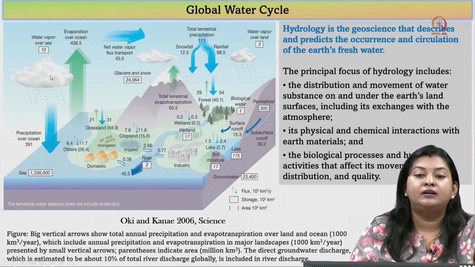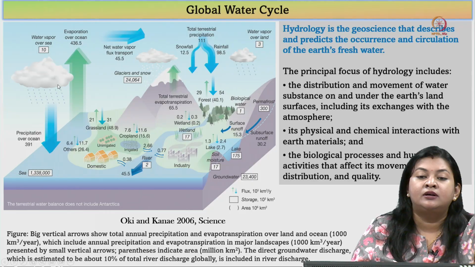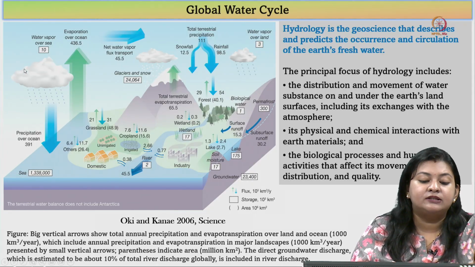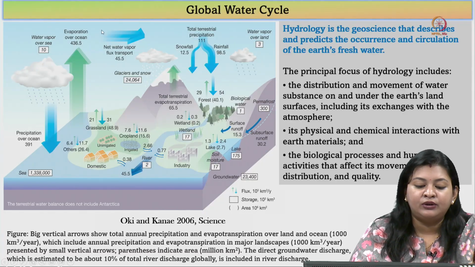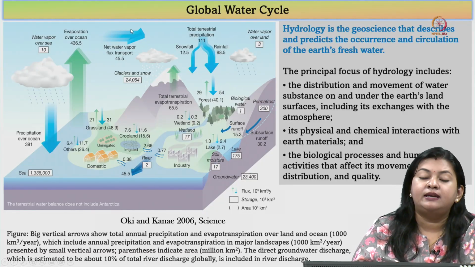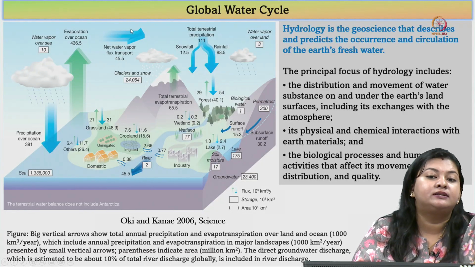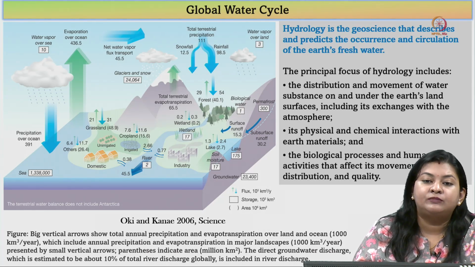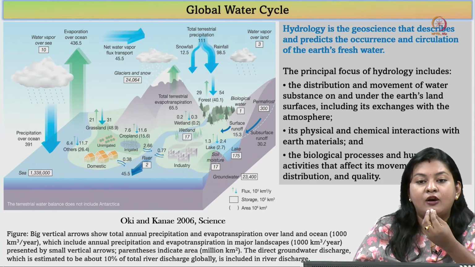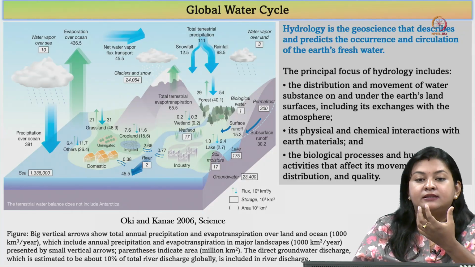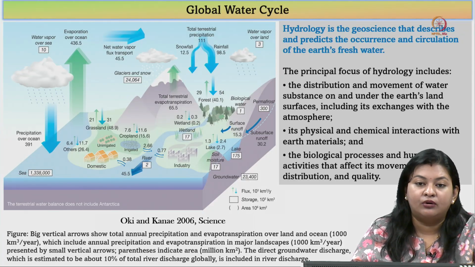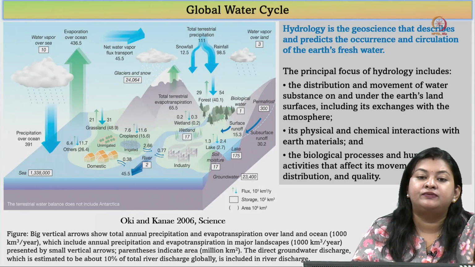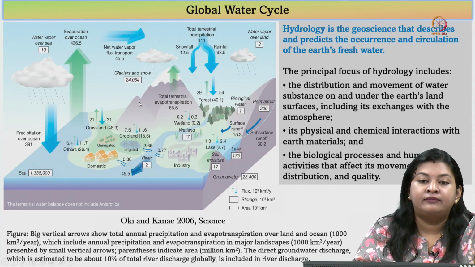And the clouds that are formed over the oceans start moving towards the land, and as they move towards the land, they get cooled at certain places, and as they cool, they start forming water droplets, which start growing, and once the atmosphere is not able to hold the water anymore, it starts raining.